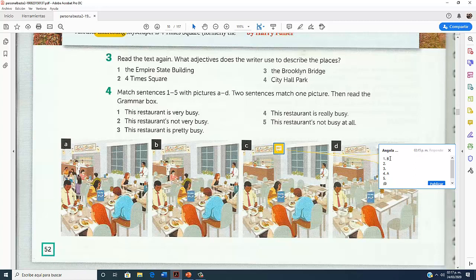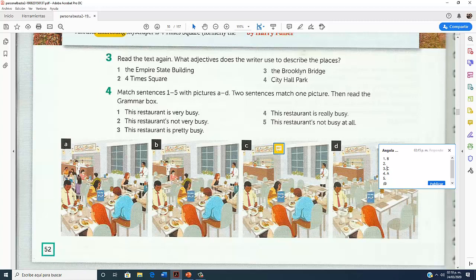This restaurant is pretty busy. So we have really busy, very busy, pretty busy. We are going to skip number 2 and 3. This restaurant's pretty busy. Definitely letter C. It's pretty busy, not very busy at all.